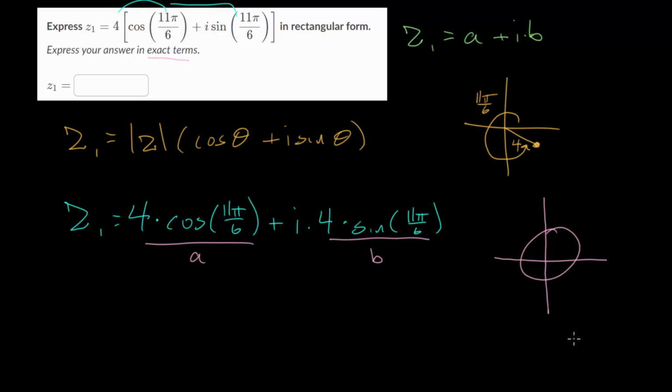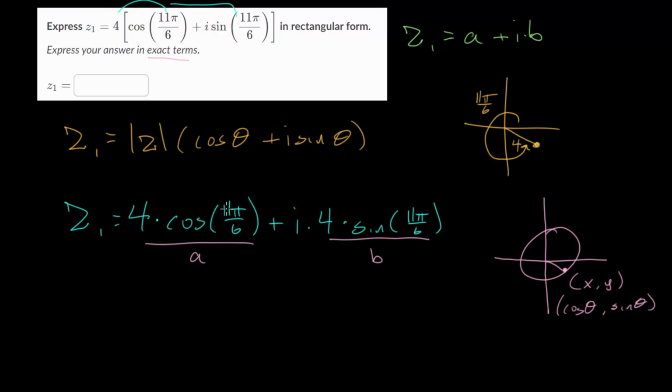This is not drawn perfectly to scale, but we need to determine where this angle is, and we know just by thinking it through that it's going to be somewhere down here. And with the unit circle, we also need to remember that for the x and y coordinate, x is the cosine of the angle and y is the sine of the angle.